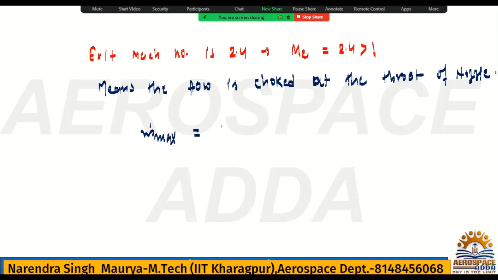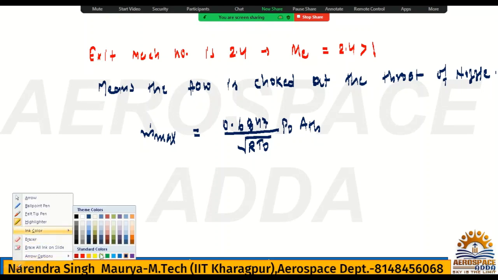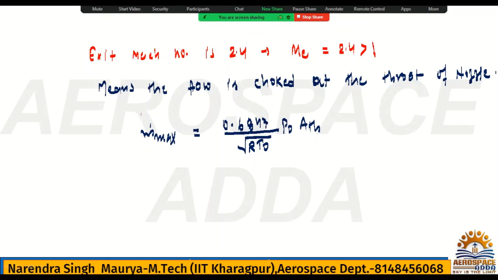This maximum mass flow rate is 0.6847 divided by root of R T naught, times P naught times A throat. This is the formula I already derived in class. Check the previous lecture and you will get this formula.